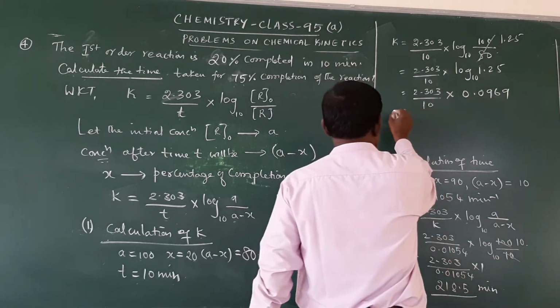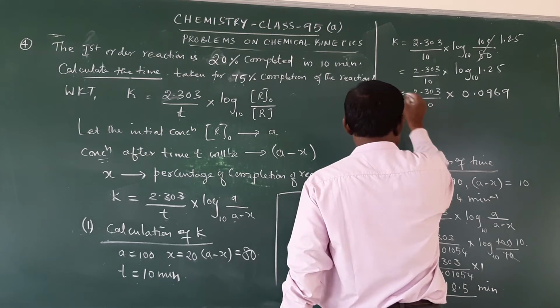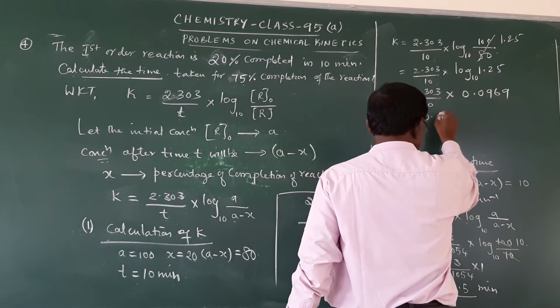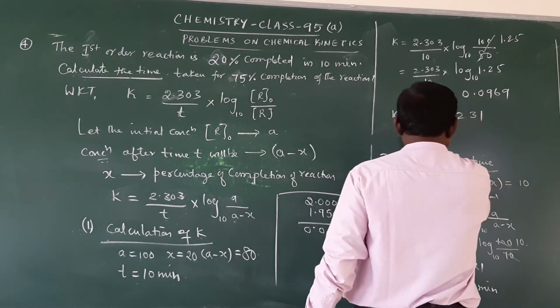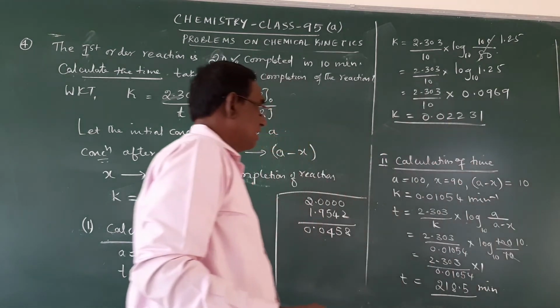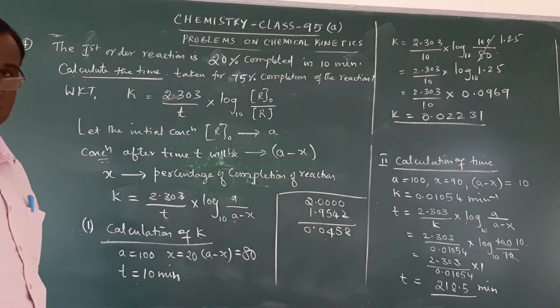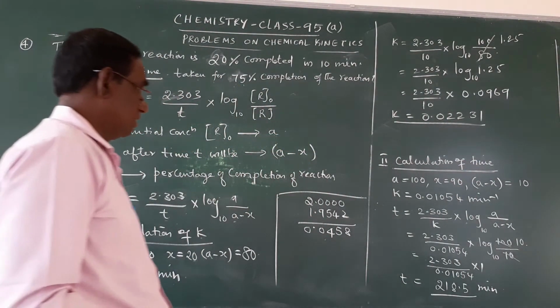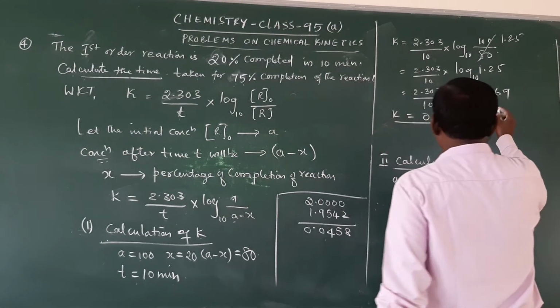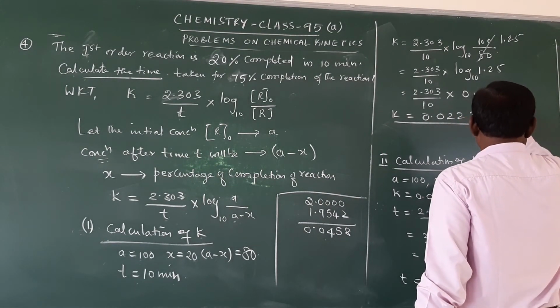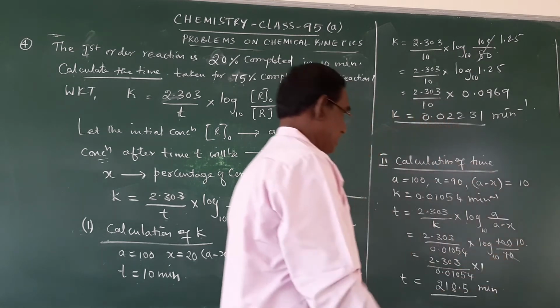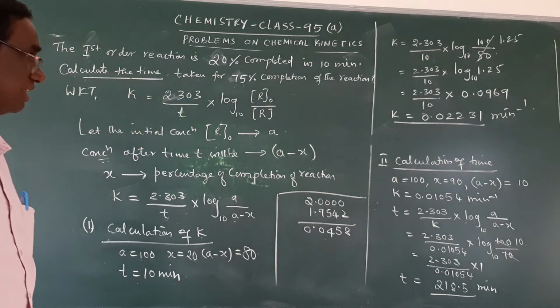And after solving this, we will be getting k is equal to 0.02231. That is k is equal to 0.02231. It is in minutes, therefore it is minute minus 1. That's all. So that is k.